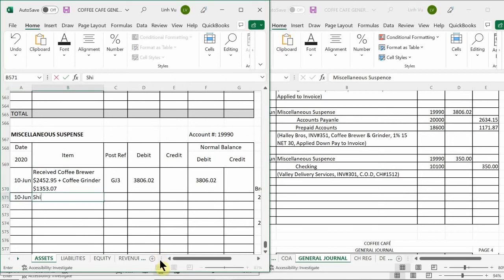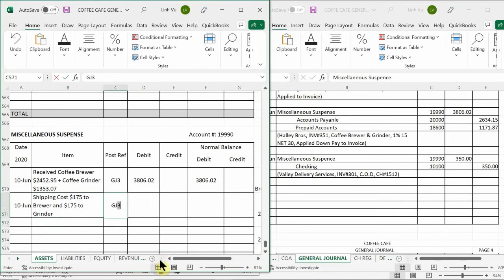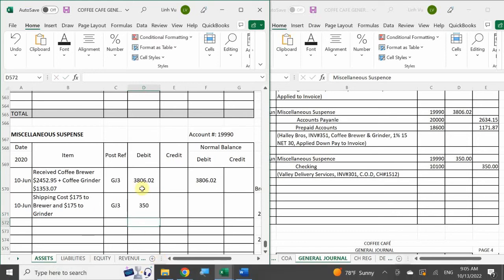Shipping cost, right? 175 to brewer and 175 to grinder. Okay. Still on page 3 for $350.